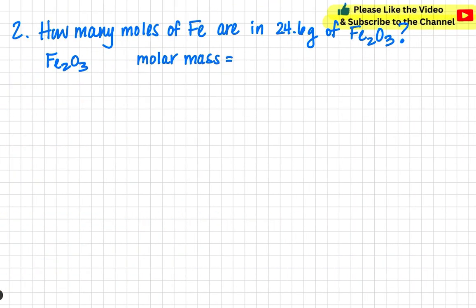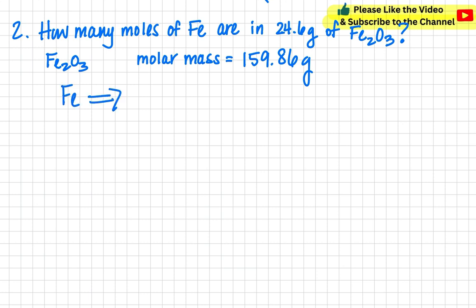Alrighty. Next one is, how many moles of iron are in 24.6 grams of the molecule? Now, for time purposes, I'm just going to write down what the molar mass is, and that is 159.86 grams. Now, we need to find moles of iron element in the actual molecules. In order to do that, I need to find the percent composition of iron first. So we know how to do that.